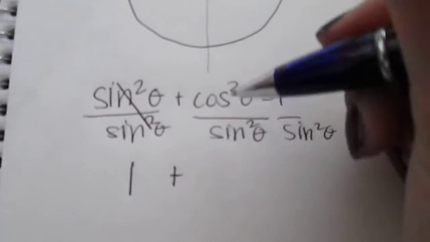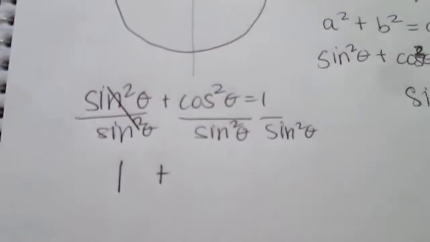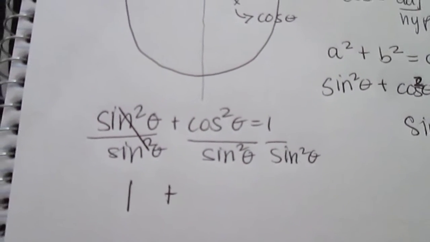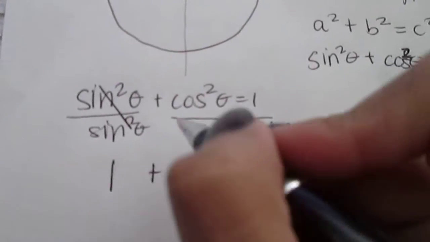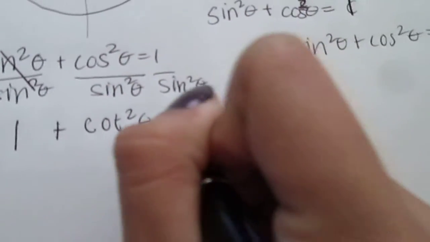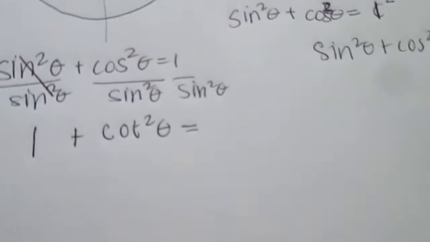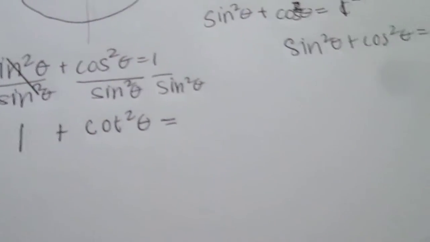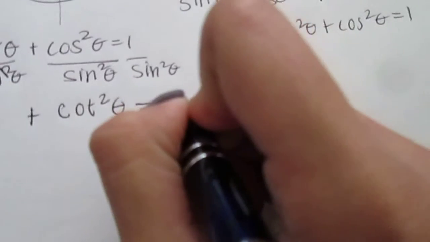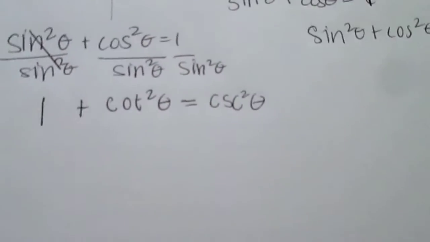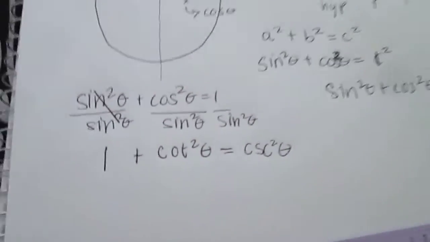Here, if we remember the ratio identities, cosine squared theta over sine squared is also cotangent squared. So we can just substitute. And 1 over sine squared, if you remember from the reciprocal identities, is the same thing as cosecant squared theta.